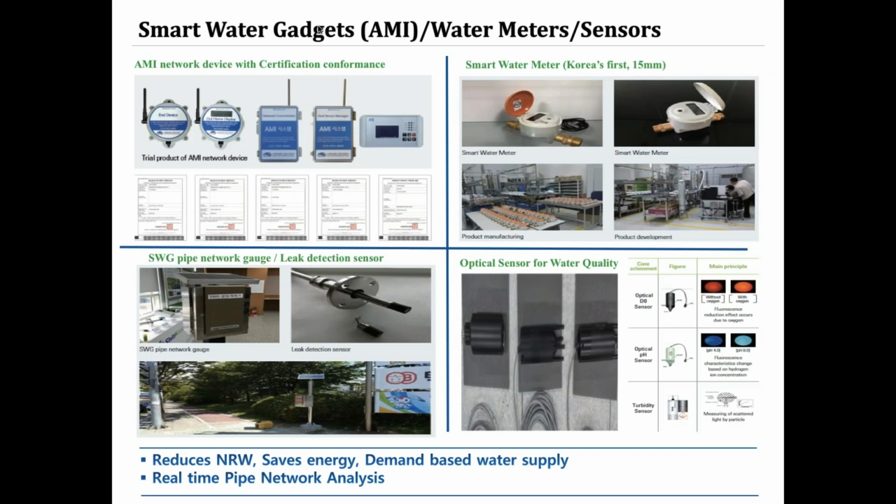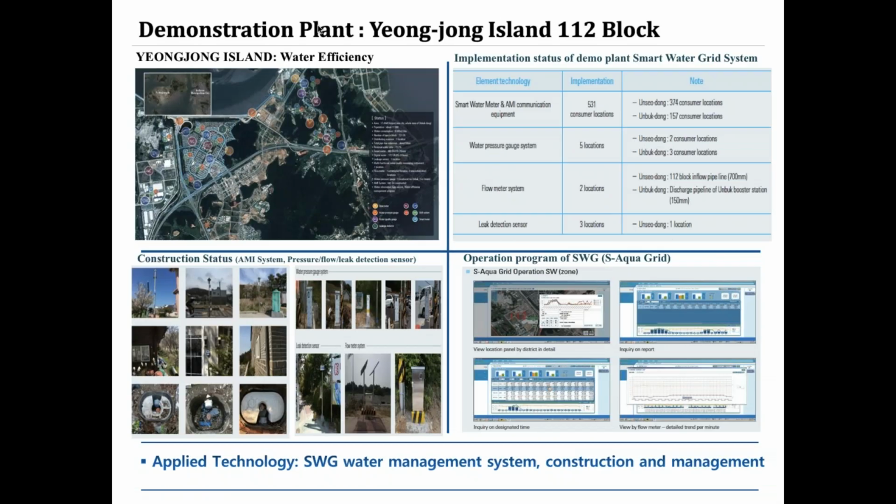When you say smart water management, as Mr. Sudhir told already, the AMI system plays a key role in terms of gathering real-time data, system monitoring and decision making. So we developed an ultrasonic wave-based water meter AMI network device, which can reduce electricity cost and improve measuring precision by 50 to 200%.